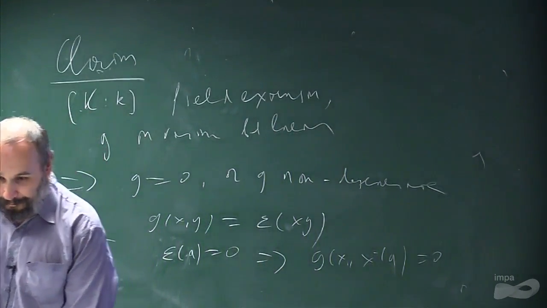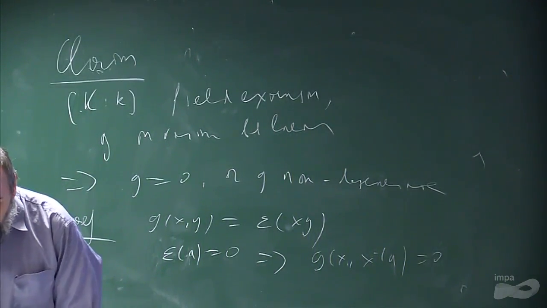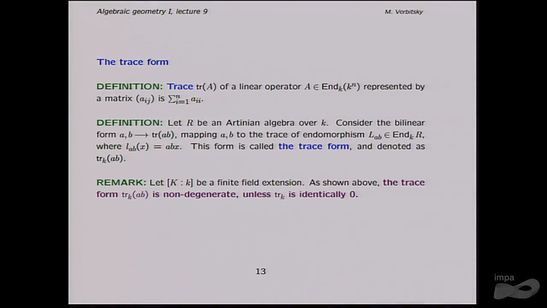It's a non-degenerate form. So the most important bilinear invariant form is the trace form. It's really like the most important form in number theory. If you do number theory or Galois theory, you encounter that every single moment. Well, who knows the definition of trace in linear algebra? Please raise a hand. Almost everybody.